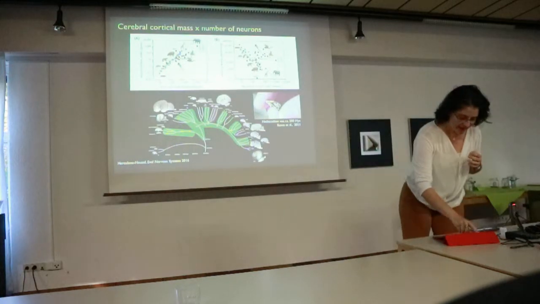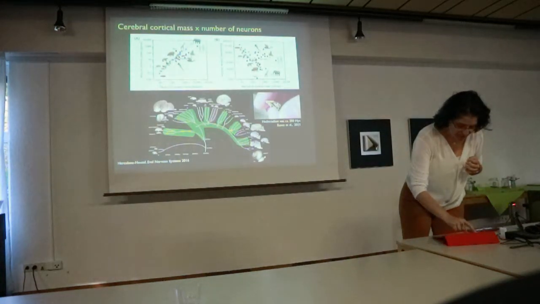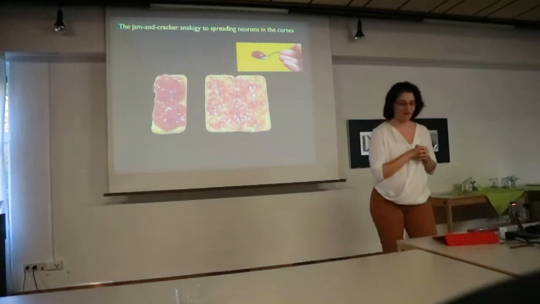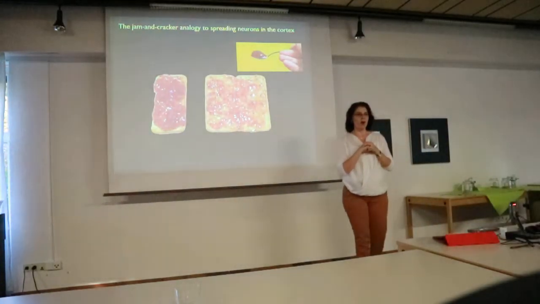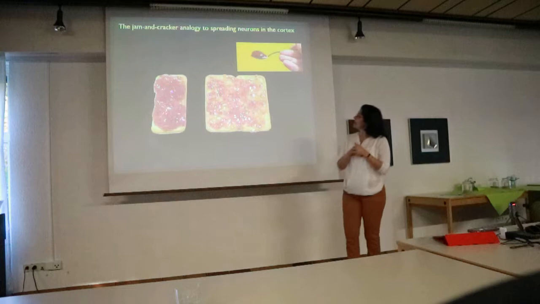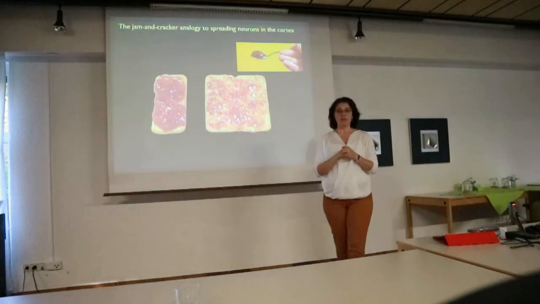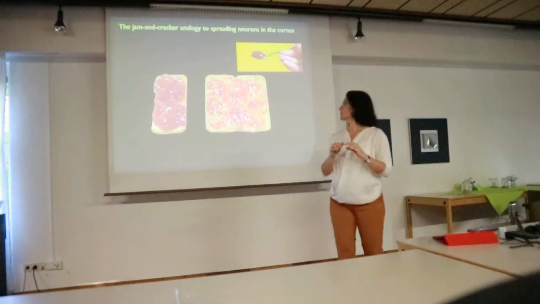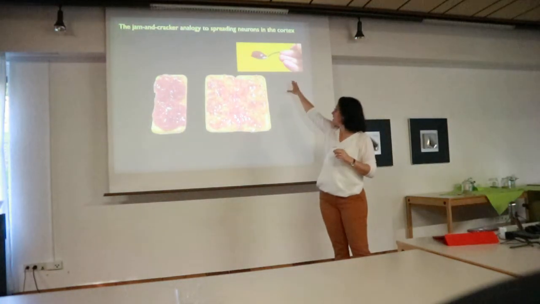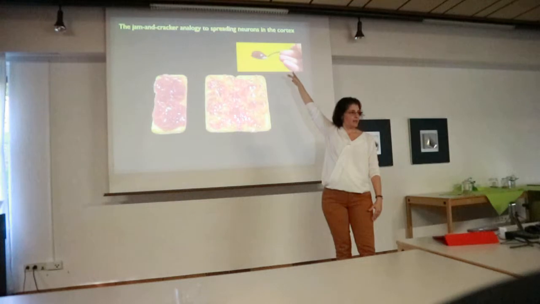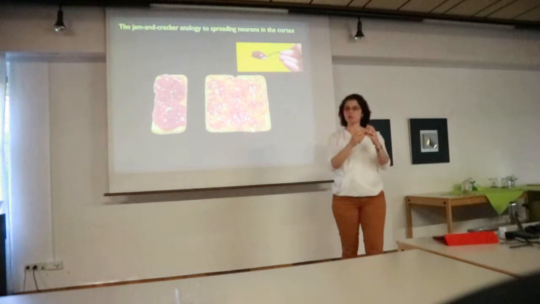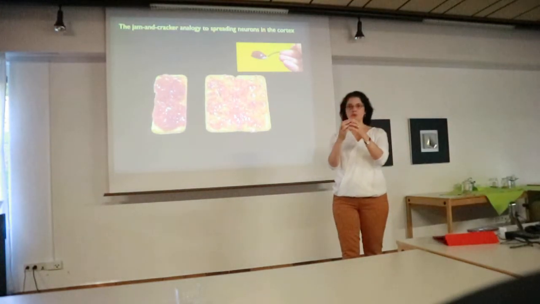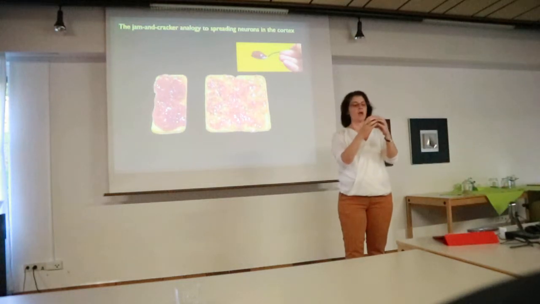And the way I like to put this is with our jam and cracker model of how you spread neurons in the cortex. I will try to convince an editor to let me use these terms. So here's the idea. You have a certain volume of cortex, that's your jam, that is made of a predictable number of neurons. That's the fruit in your jam, right?